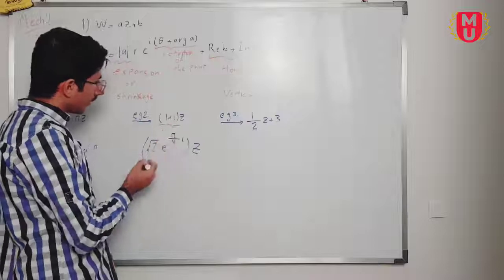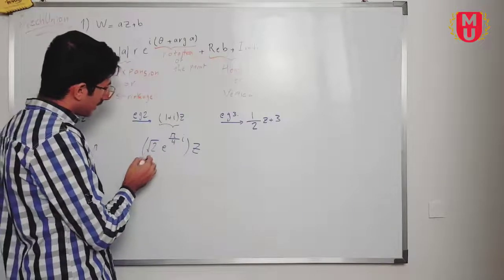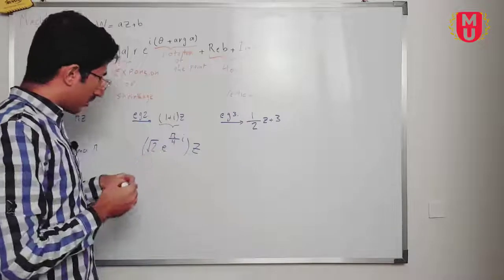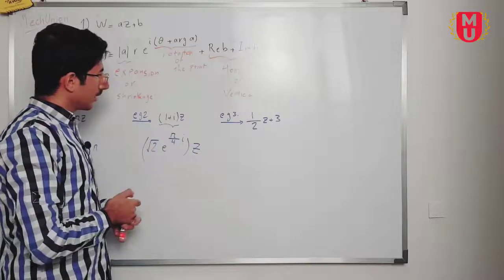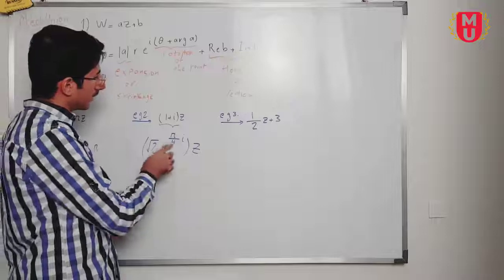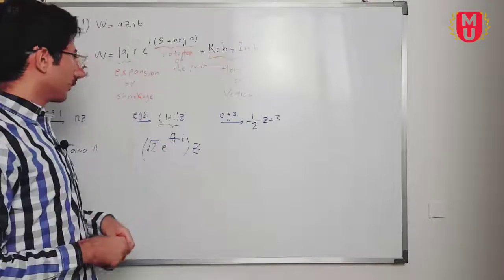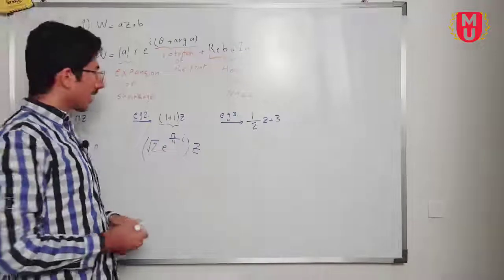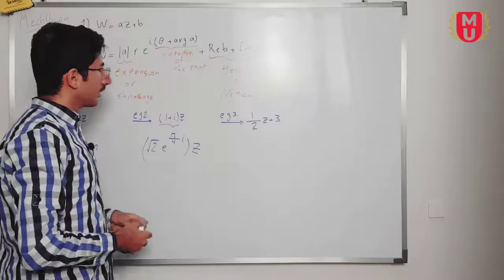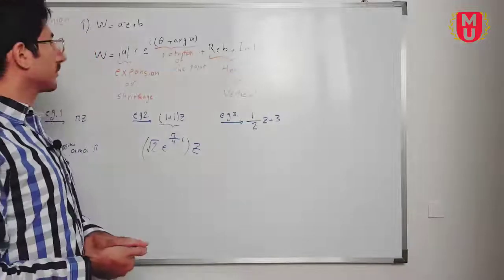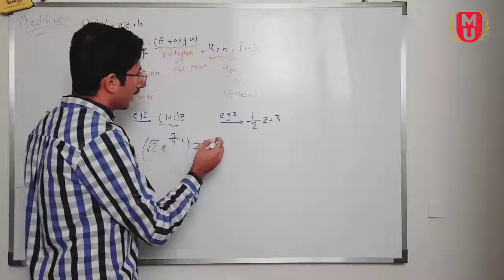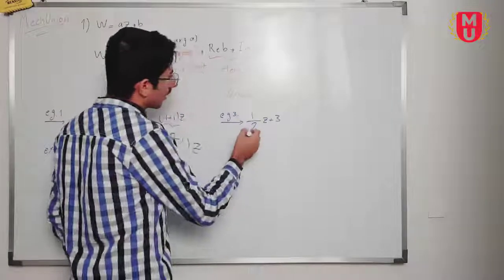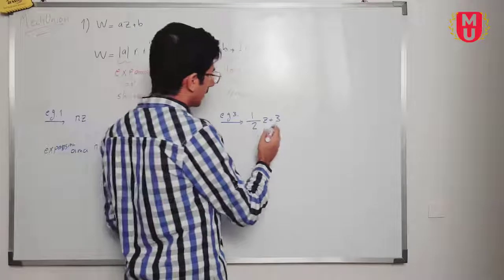We will have an expansion as much as root 2, and a rotation as much as pi over 4 in the counterclockwise direction.